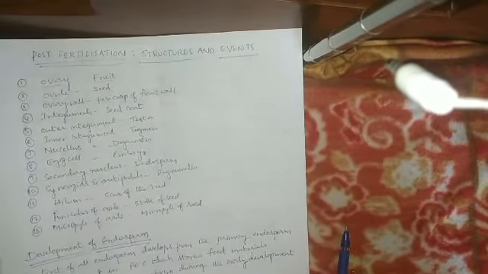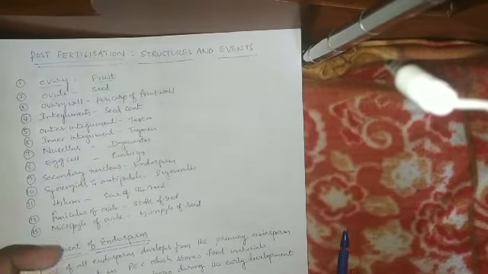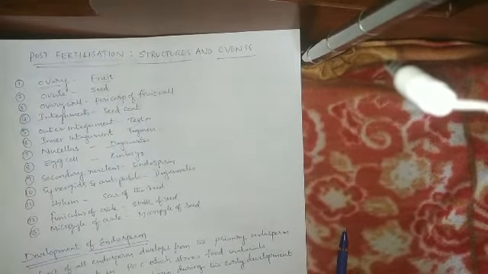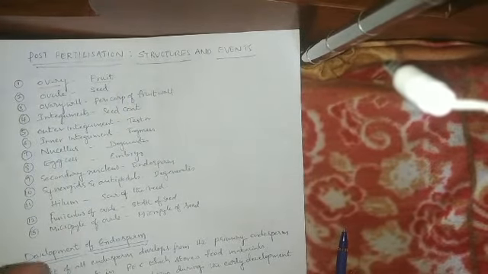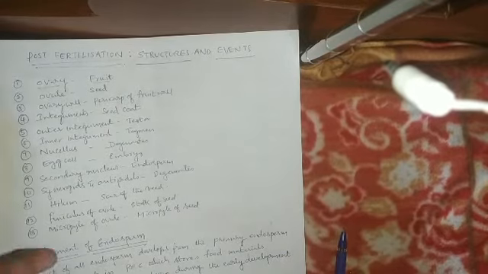The micropyle of the ovule is modified as the micropyle of the seed. In such a way, after the fertilization, the parts of the ovary, the ovule and the embryo sac are modified as different structures in the fruit and seed.